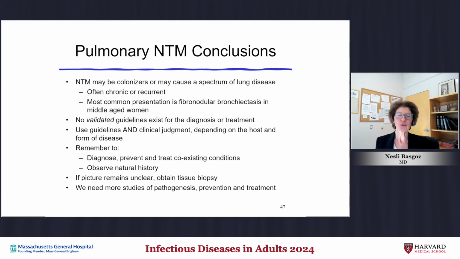Remember to use your internal medicine skills and diagnose, prevent, and treat coexisting conditions, and to observe the natural history. In some cases, the picture remains unclear, and we do then ask for a tissue biopsy, and we certainly need more studies of pathogenesis, prevention, and treatment.